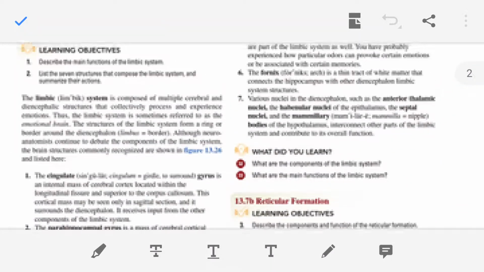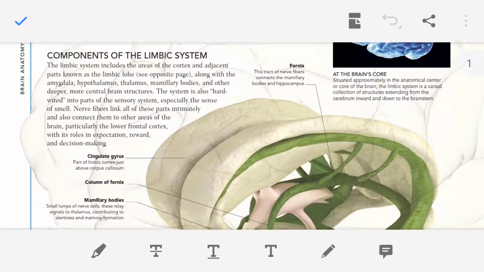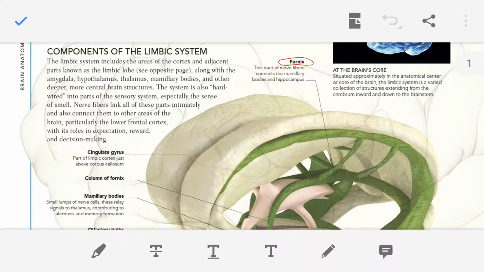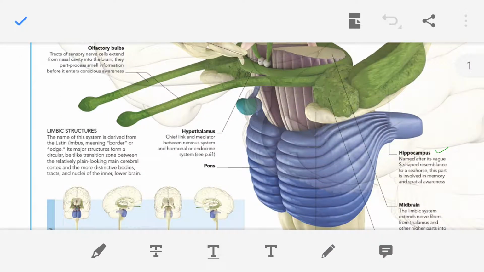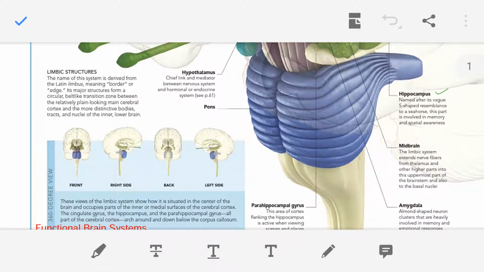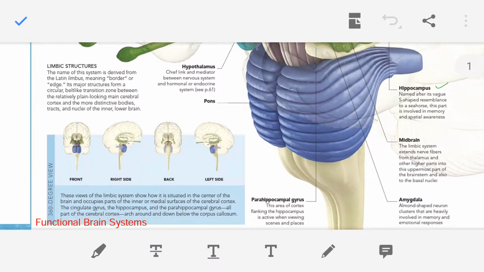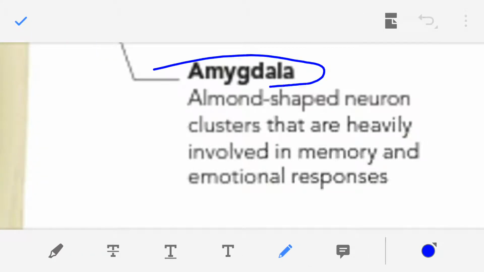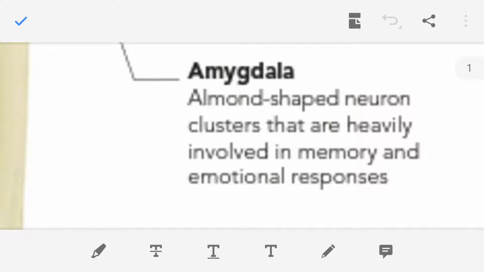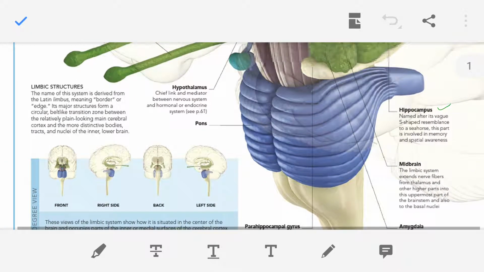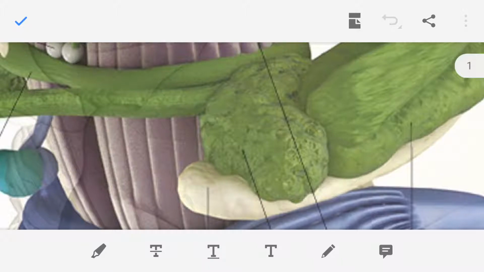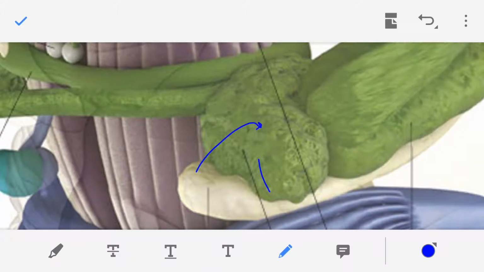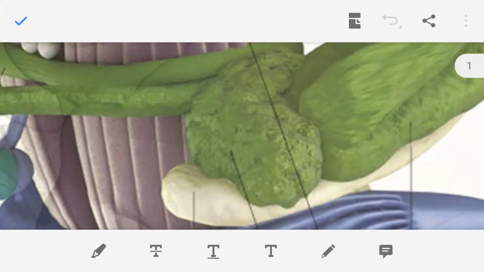So let's see it in some other figures. Here, amygdala, almond shaped neuron cluster that is heavily involved in memory and emotional responses. This one is the amygdala.